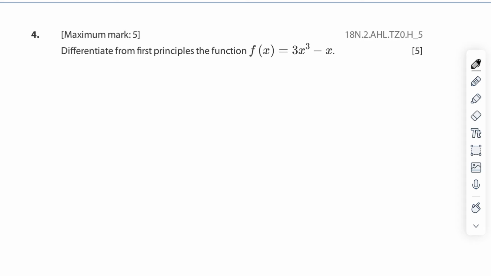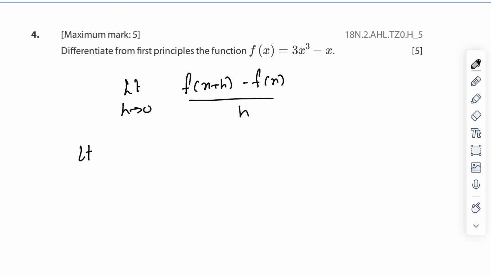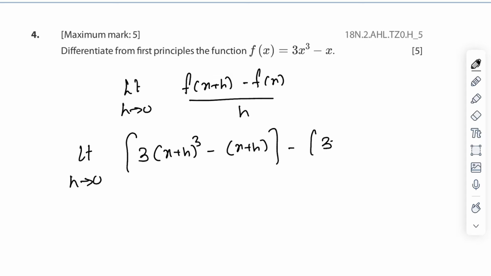Question number 4, differentiate by using first principles. So limit h approaches 0, f of x plus h minus f of x divided by h. So limit h approaches 0, 3 times (x plus h) whole cube minus (x plus h) minus (3x cube minus x) divided by h.